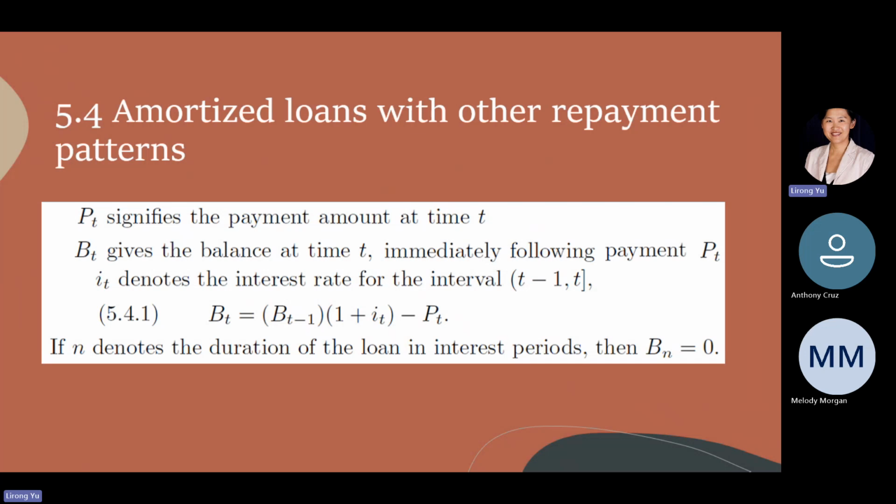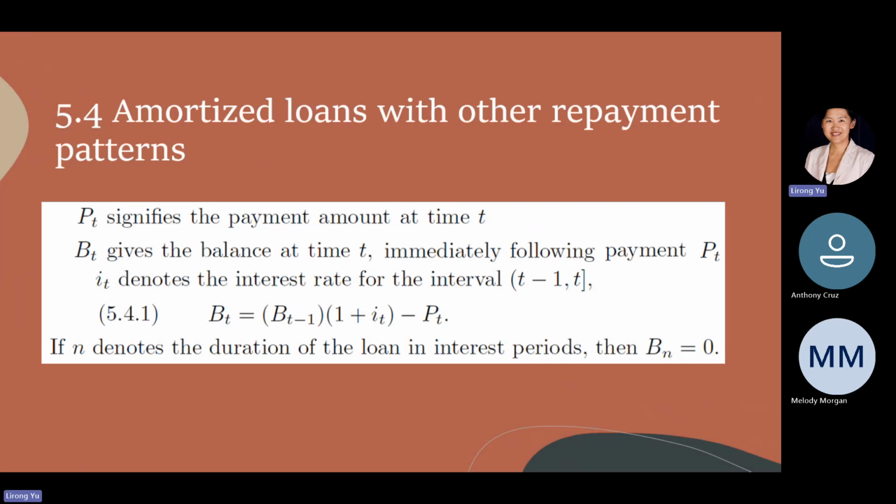This is at the same time as the payment, so PT does not have to be discounted or accumulated. BT itself is not multiplied by anything, but BT minus 1 is from the past time, so there's a gross factor on it. That's the BT formula. Any questions?